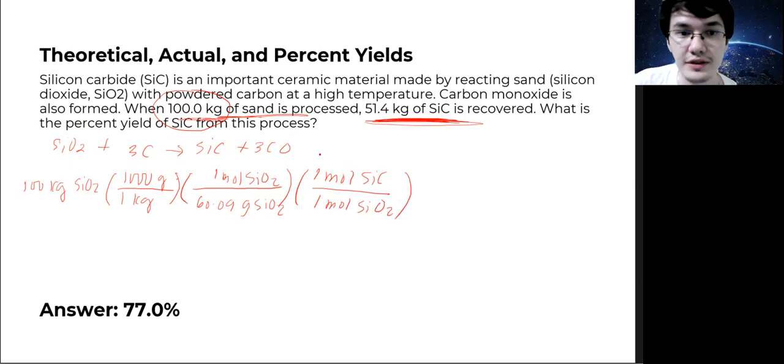Then we make use of the chemical equation to convert the silicon dioxide to silicon carbide.